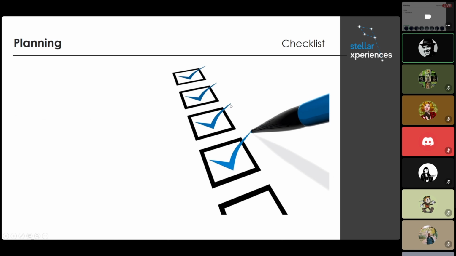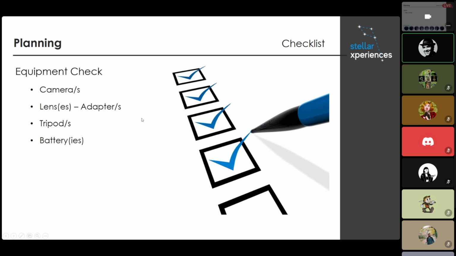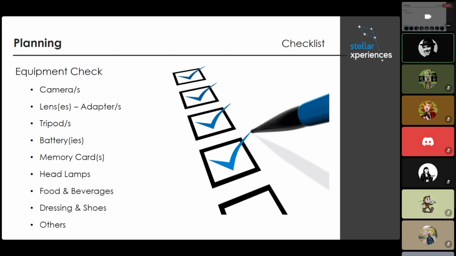And checklist. We have to check our camera or cameras, lens or lenses, and if we use adapters for these lenses, the adapters, tripods, batteries, memory cards, headlamps, food and beverages, dressing and shoes, depending on the weather, of course, and others.